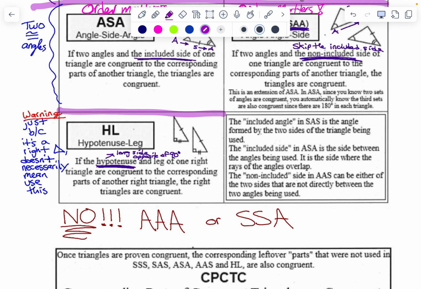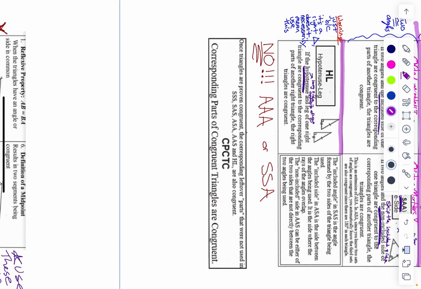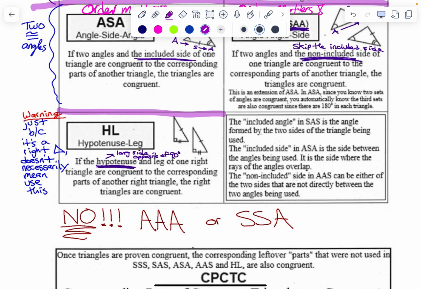It has to be a right triangle in order to use hypotenuse leg, but it doesn't always mean that you do if it's a right triangle. Also, remind yourself that the hypotenuse is the long side opposite of the 90. So in these pictures, it's the upper right length that is the hypotenuse.